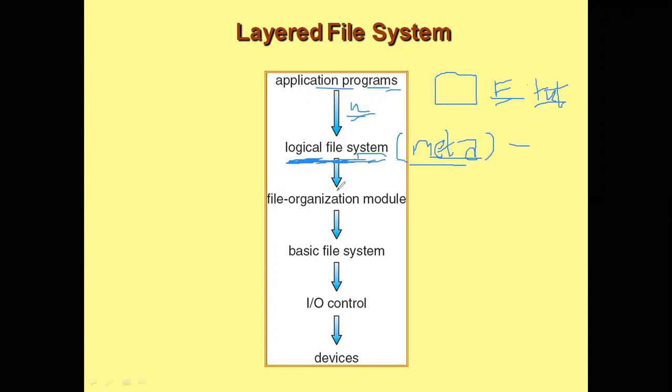Now, coming to the file organization module. This file organization module knows about the files along with their logical blocks as well as physical blocks. So whatever logical address you have got in the logical file system is mapped to a physical address by the file organization module.